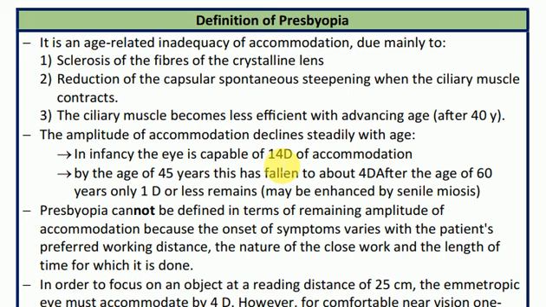But by the age of 45 years this has fallen to about 4 diopter, and after the age of 60 years only 1 diopter or less remains. It may be enhanced by senile miosis due to change in the lens.